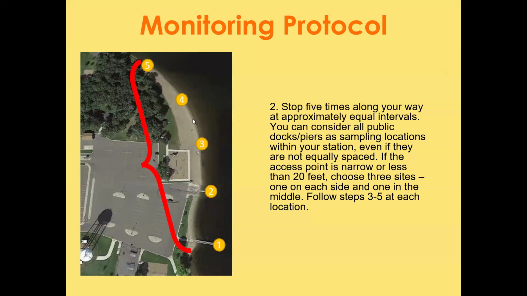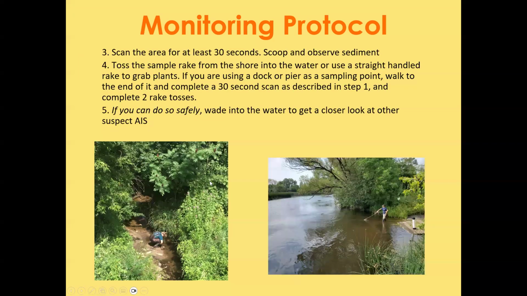And so we're going to stop 3 to 5 times at our site, and we're going to do the following. We're going to stand there and scan the area for at least 30 seconds. Again, if your area has a lot of vegetation, you'll probably have to stand there and scan a little bit longer. If it's straight sand, 30 seconds is great.